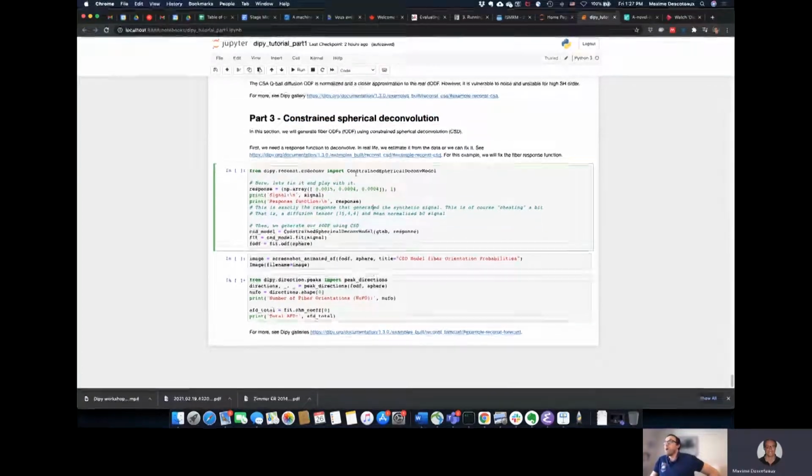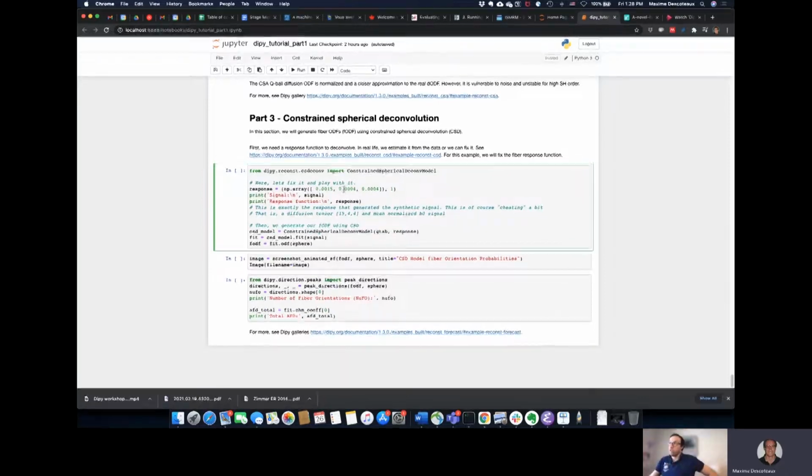I'm going to create or declare the constrained spherical deconvolution model from the reconstruction modules of CSD. I'm going to, in this example, fix a response function. You can see this is a response function with a diffusion tensor of 15, 4, 4, exactly like in my slides, so almost 4 times more elongated than wide.